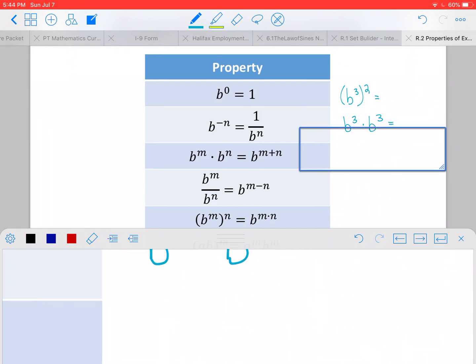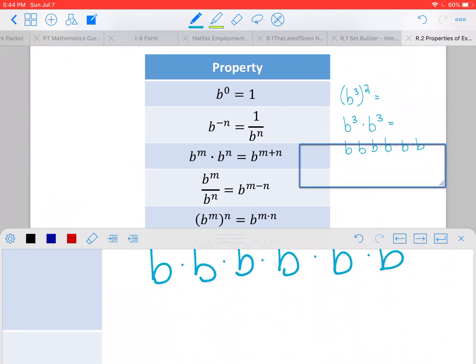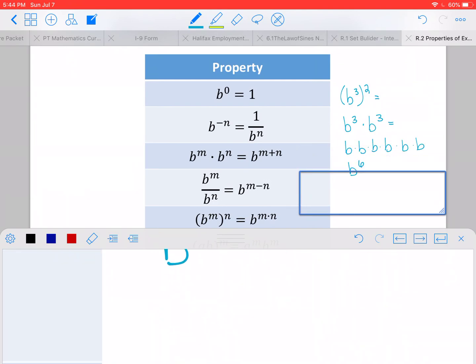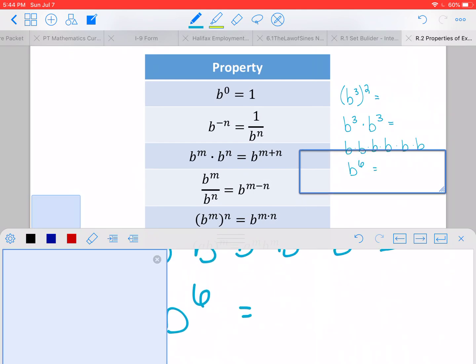And then we've got b to the 3rd. So b times b times b times b times b times b, and that gives us b to the 6th. And so that shows you why b to the 3rd squared would be b to the 3 times 2, or b to the 6th.